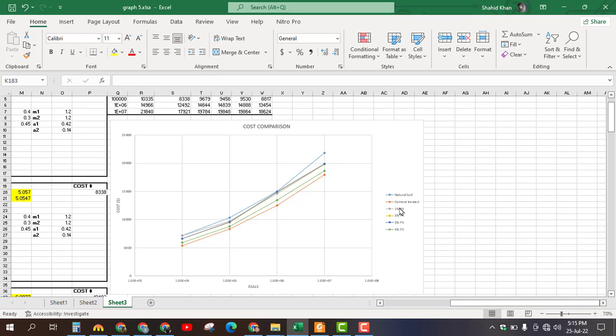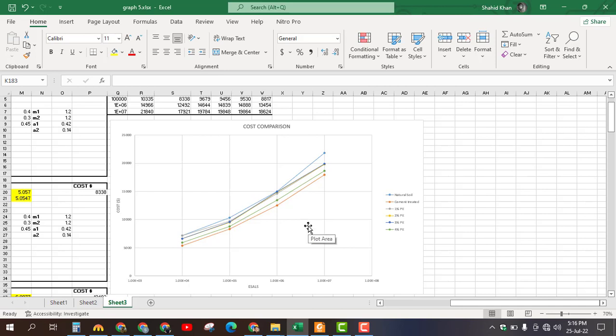And then this is the value for 1%, 2%, 3%, and 4%. This line is for the natural subgrade, and these values are for 1%, 2%, 3%, and 4% plastic. So these values are decreasing.